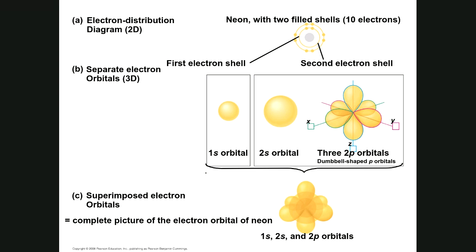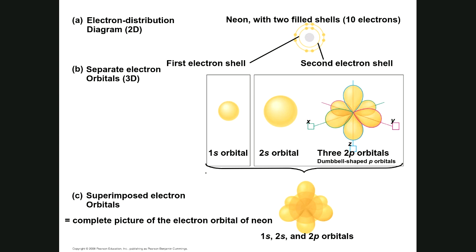For example, this is Y, this is the first orbital over here, and this is X, and this is Z. We are going to put electrons on each pole, and they are going to circulate without repelling each other.